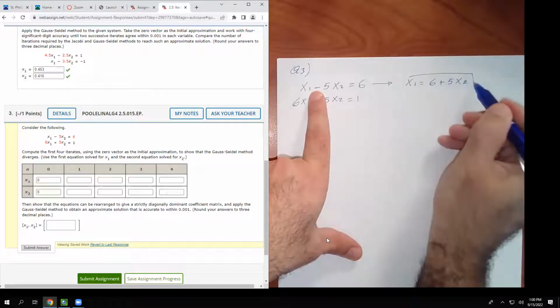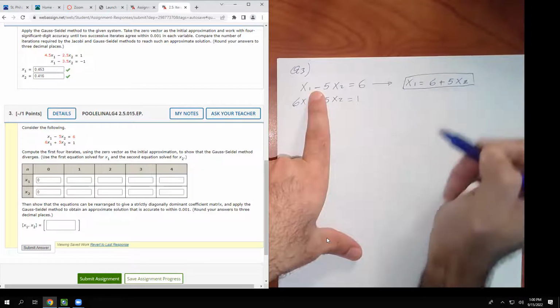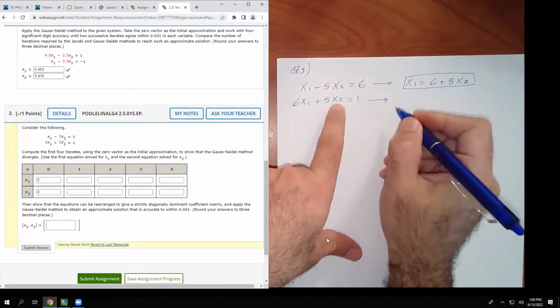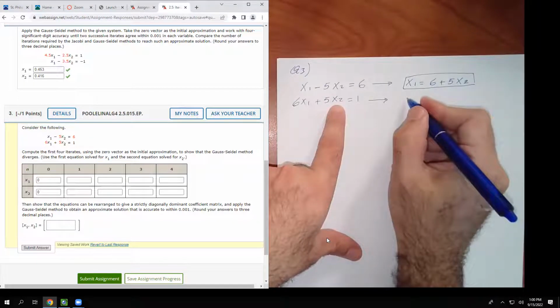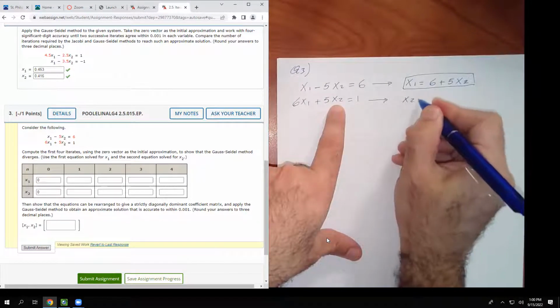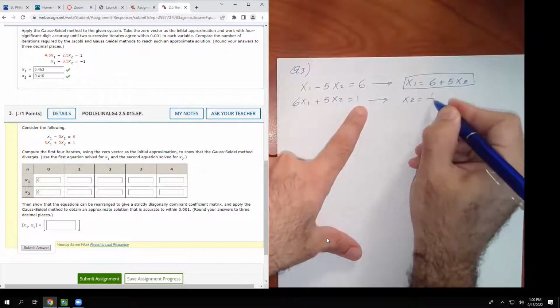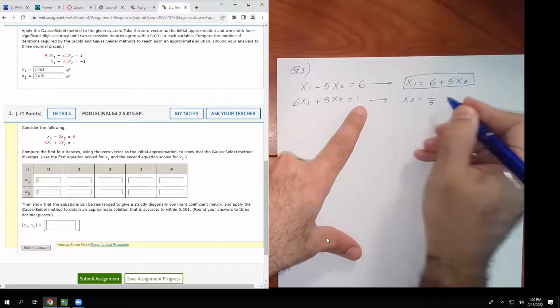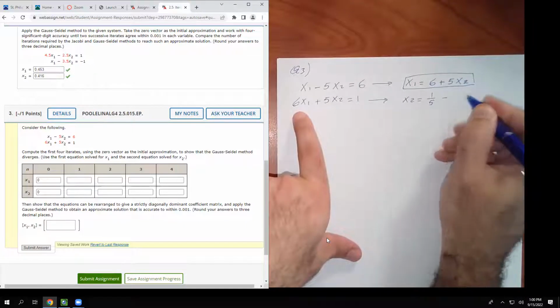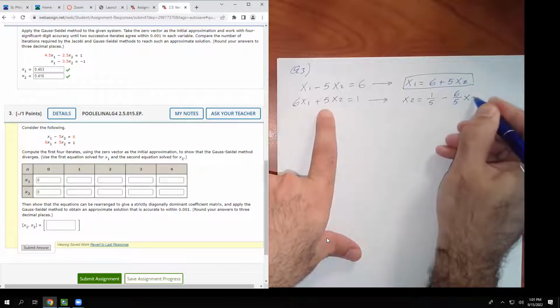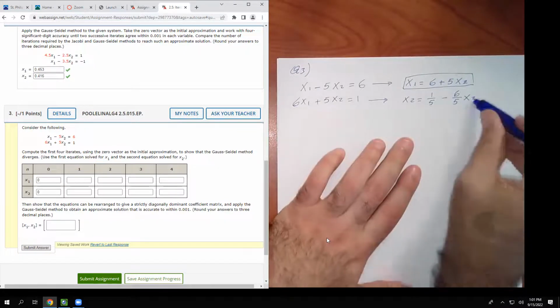This is what I'm going to use to find the next number. Now, solve the second one for x2. That means x2 is going to be 1 over 5 minus 6 over 5 x1.